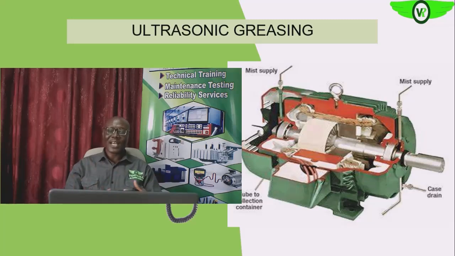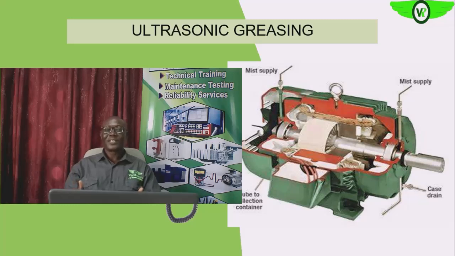So if we attach this kind of instrument onto our greasing gun, or we use it in conjunction with our greasing equipment, as we are greasing we will be listening to or viewing the ultrasound signal, which is also like the waveform. The dry bearing with dry grease always gives a very high ultrasonic signal.